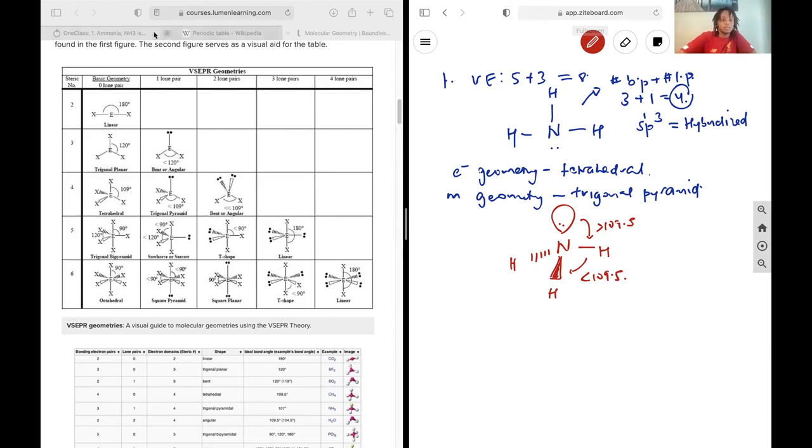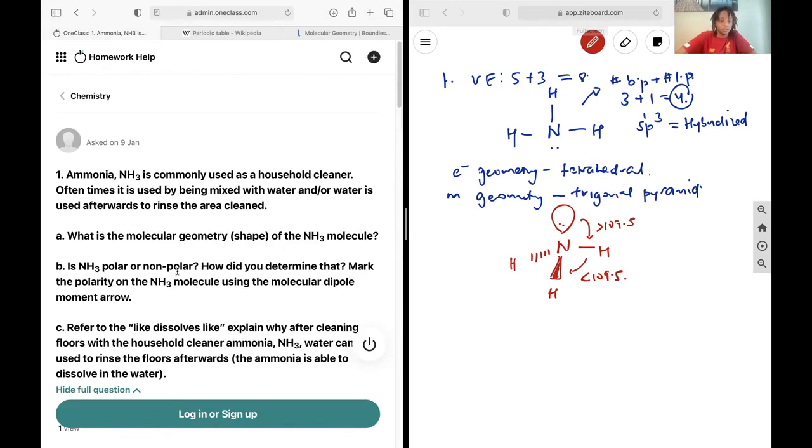Next, the question is asking whether it's polar or nonpolar. The way that we determine that is we draw out the direction of the dipoles depending on the electronegativities of the atoms. Hydrogen is less electronegative than nitrogen, and so its dipole would face that way. Same thing here, because you have the same 2 atoms, and the same there. Lastly, lone pairs are always the more electronegative one, and so this would point this way.